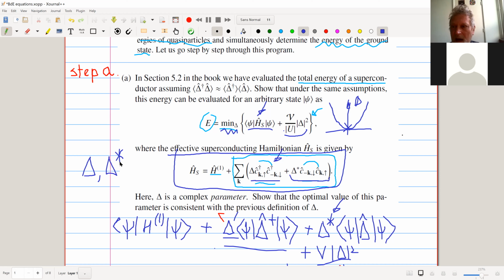So I differentiate and found the minimum only with respect to this delta without touching conjugated one. Modulus delta, Sasha, as you remember, is a product of delta and delta conjugated. So again, when I differentiate only with respect to this delta, not touching this one.